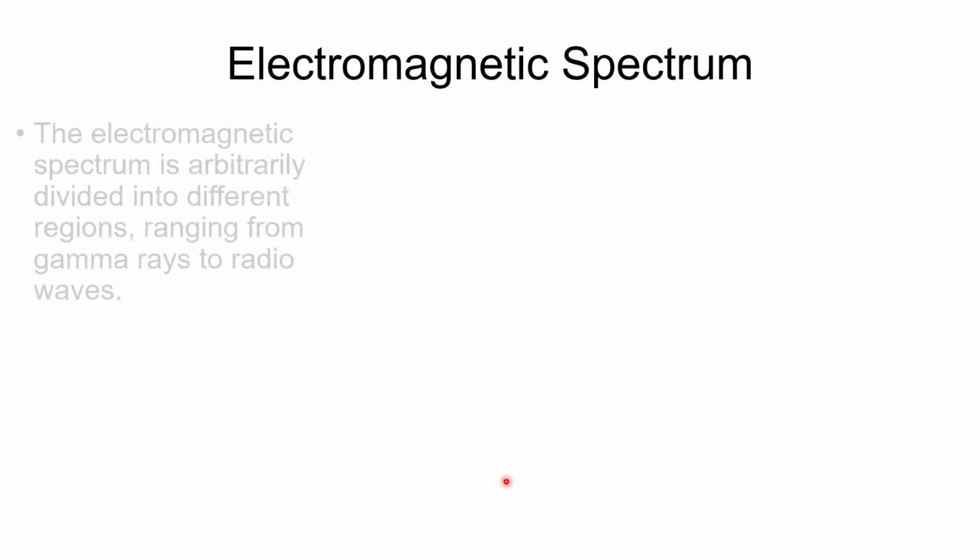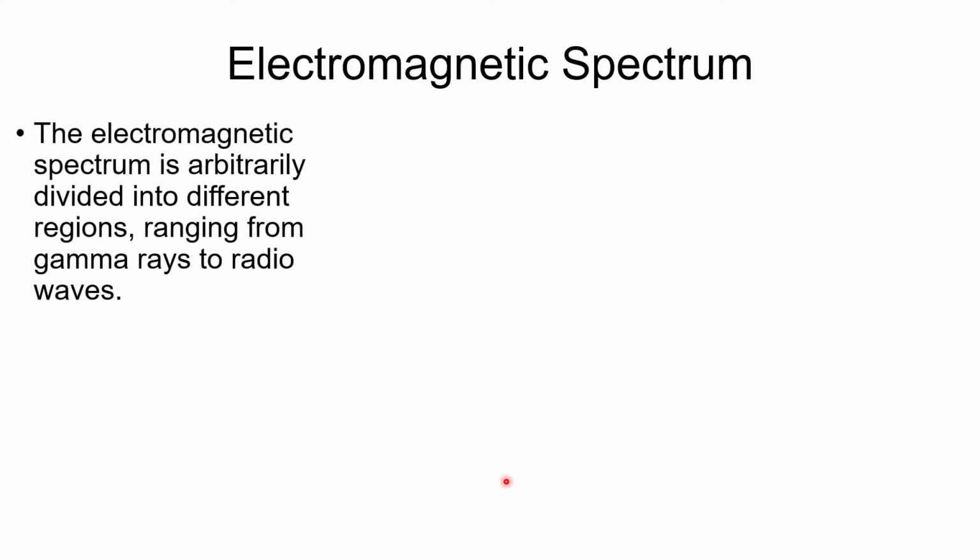So we want to briefly look at the electromagnetic spectrum and see where infrared falls. It is arbitrarily divided into different sections. We divide it this way mostly based on how we observe it and some of its characteristics, but it is somewhat arbitrary.